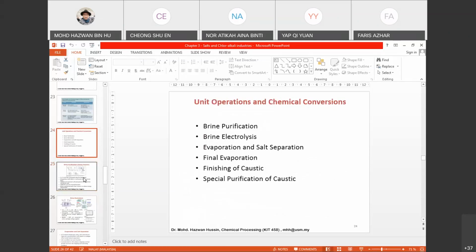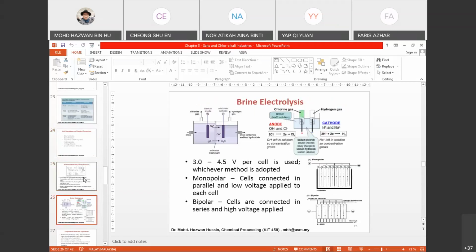As I said earlier, for the unit operations and chemical conversion that you need to consider in salt and chloralkali, of course, there are brine purification, electrolysis, evaporation, salt separation, final evaporation, finishing, and special purification.